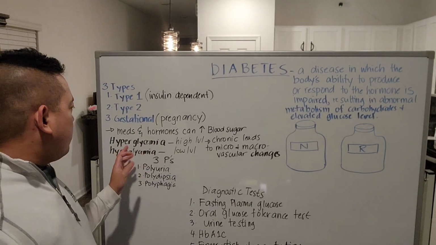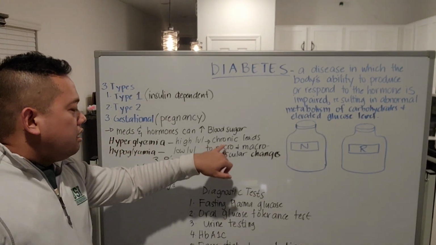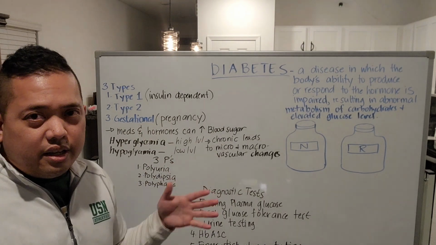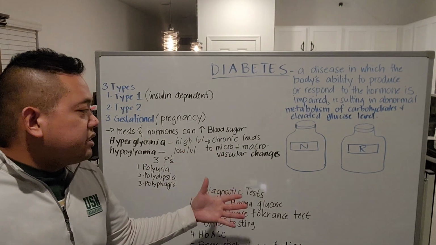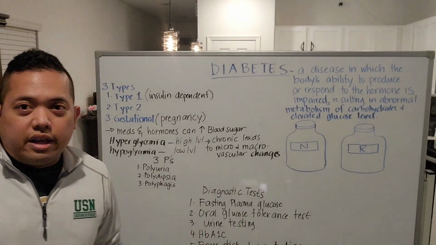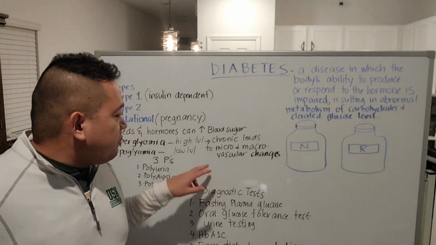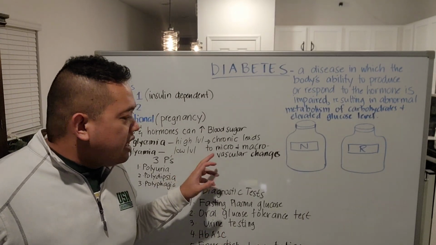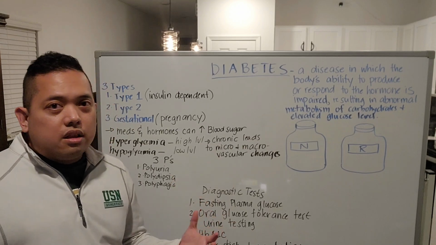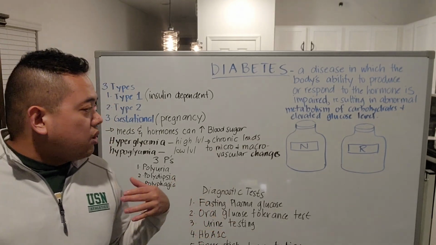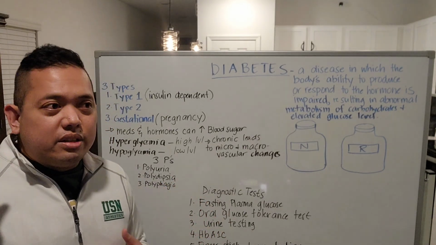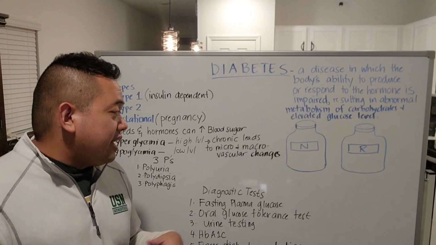And over here on hyperglycemia, if you have this one chronically, for a long duration of time, it can lead to microvascular changes. So microvascular changes are more of the peripheral blood vessels. So it can be in your eyes, the retina, your kidney.